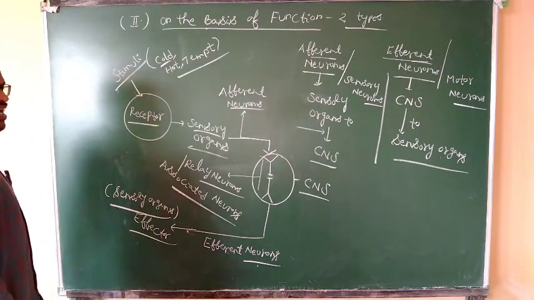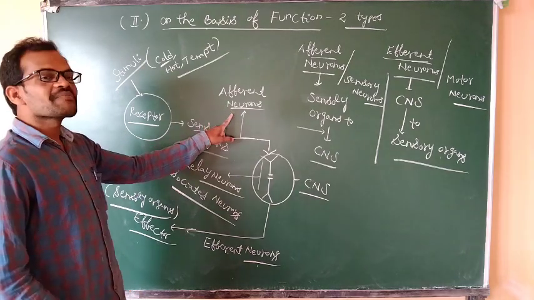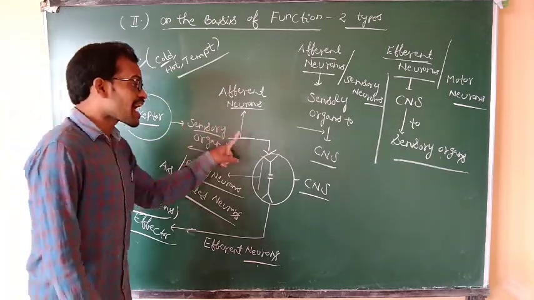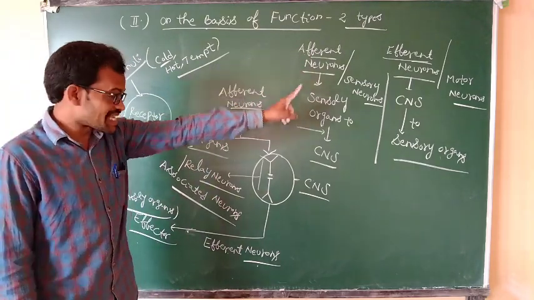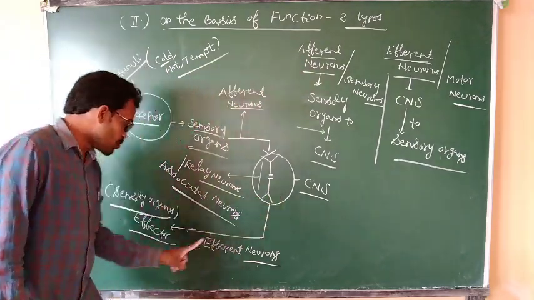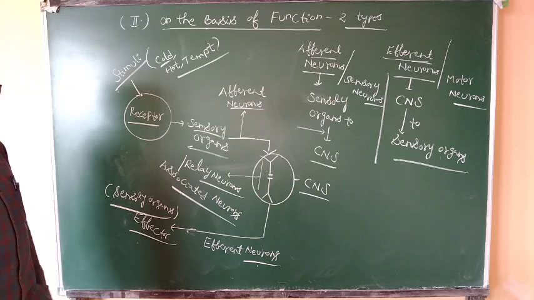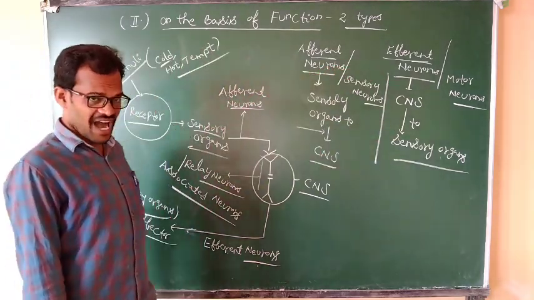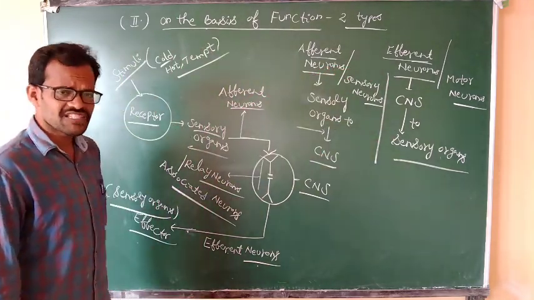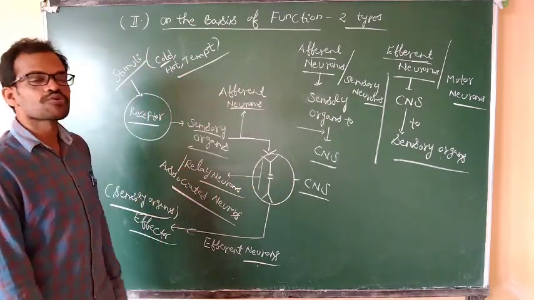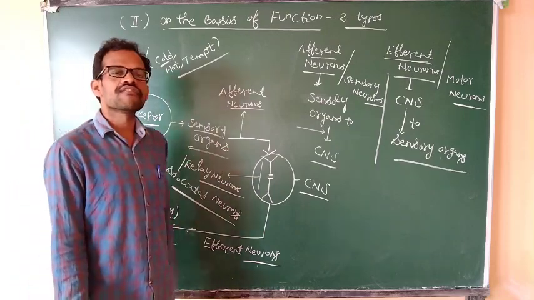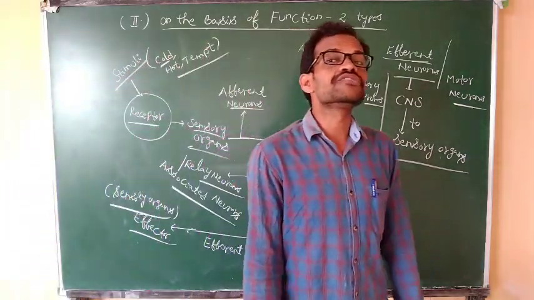The information is carried by the afferent neurons from the sensory organ to the central nervous system. Efferent neuron means central nervous system to effector. The brain and spinal cord consist of associated neurons, relay neurons. These neurons consist of motor neurons as well as sensory neurons.